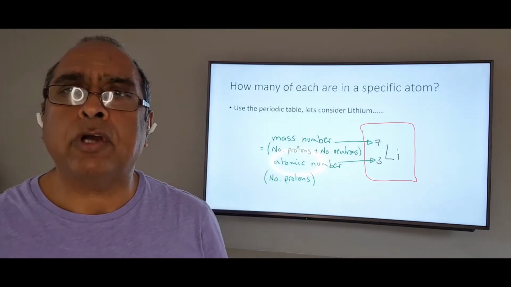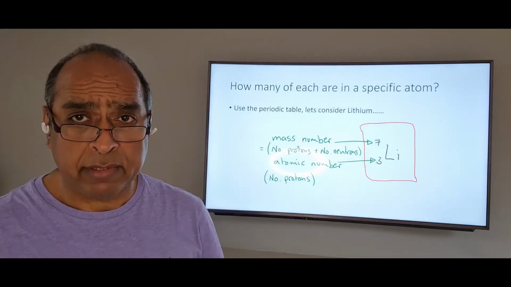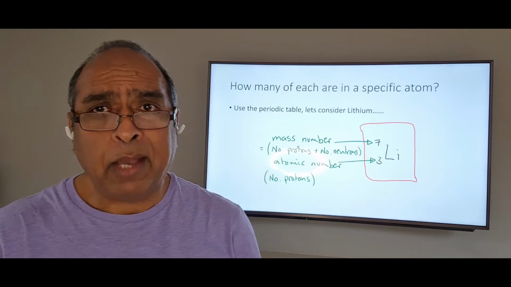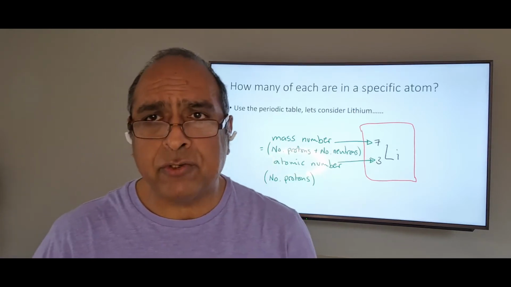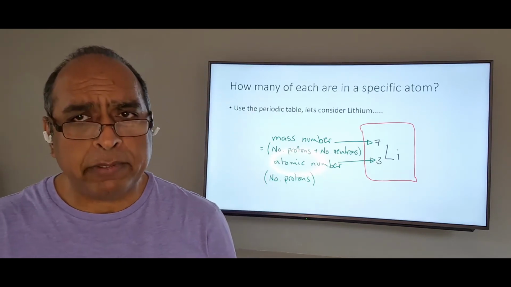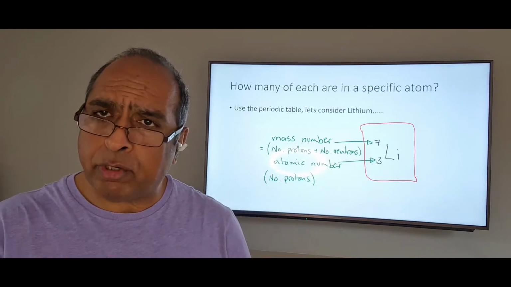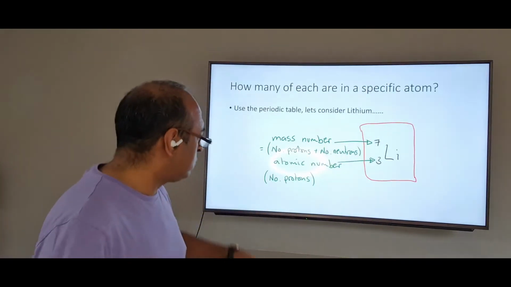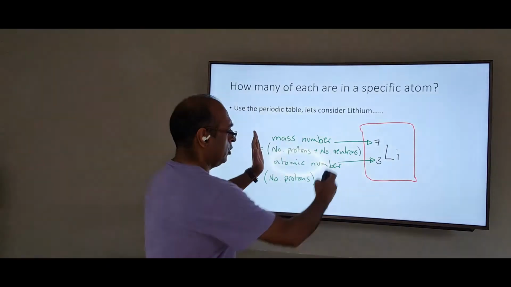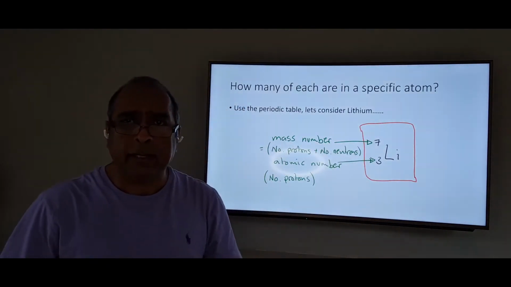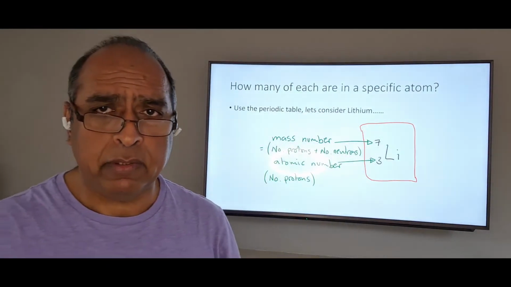Now that number at the top, the 7 in the case of lithium, I want to call the mass number. Mass number means the total number of protons and neutrons all together. So protons and neutrons all together, that total number is 7.